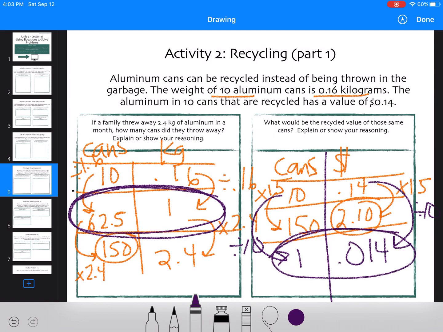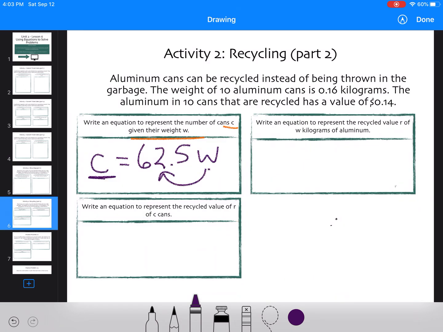So for 1 can, it would be not even 2 cents. So the amount I get for recycling is going to be not even 2 pennies per can. So for every can. So then it says, write an equation to represent the recycled value R of W kilograms of aluminum.